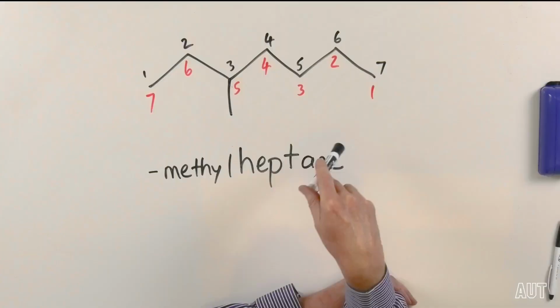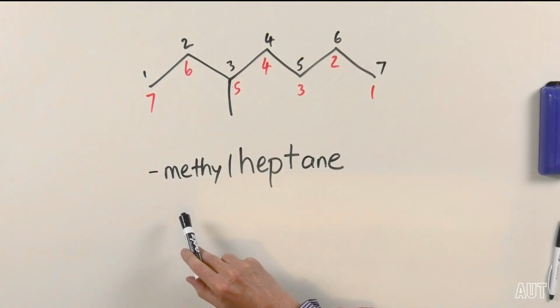And so therefore, when we number the longest carbon chain from both ends, there is a difference. And whenever there is a difference, what do we do? We give the substituent or substituents the lowest possible number, or numbers. In this case, the numbering in red gives the substituent as being on carbon 5.